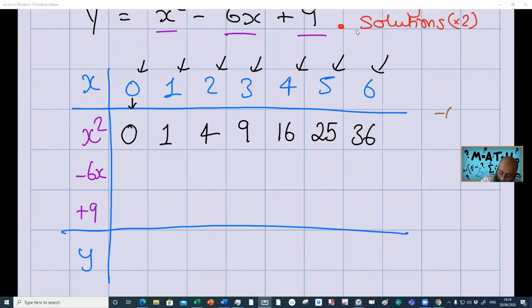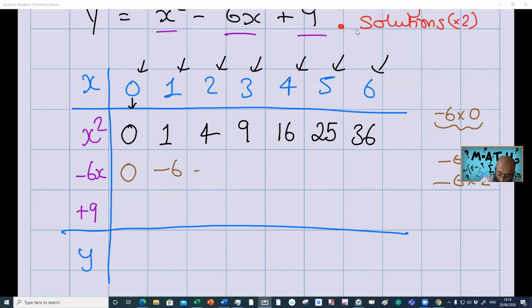Okay, now here we go. I'll write down for you here. Anything times by 0 will give you, remember you did this last time in your negative numbers? Anything times by 0 will give you what? 0. Good. And what's minus 6 times by 1? Minus 6. Good. And what's minus 6 times by 2?